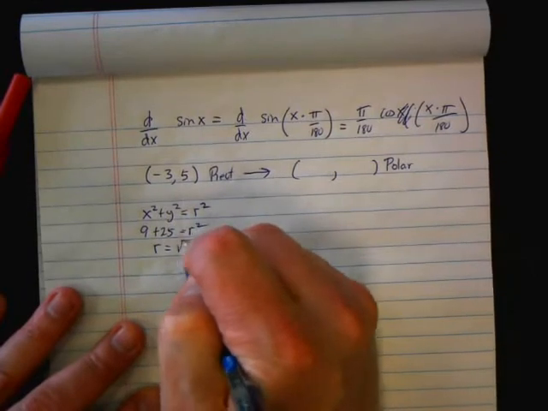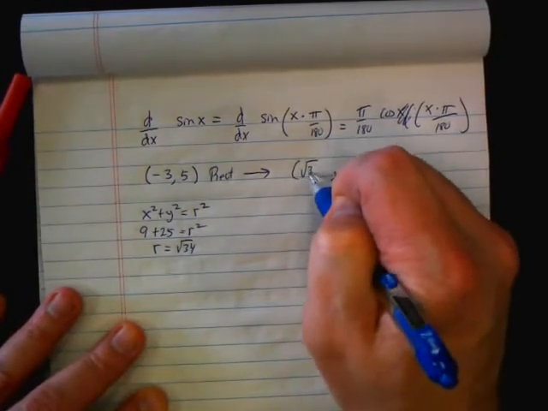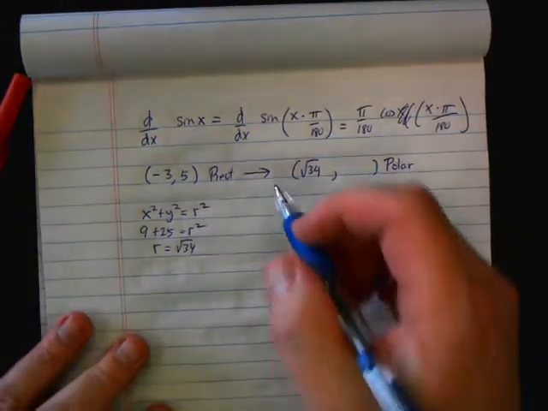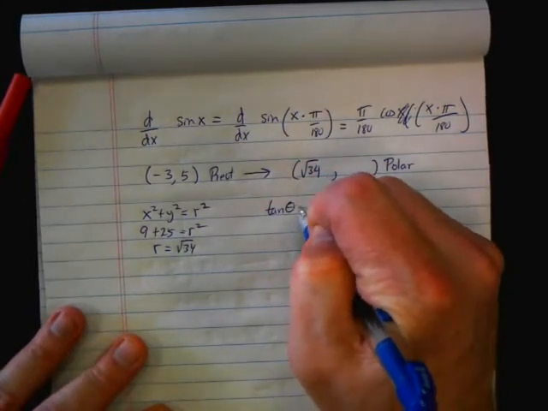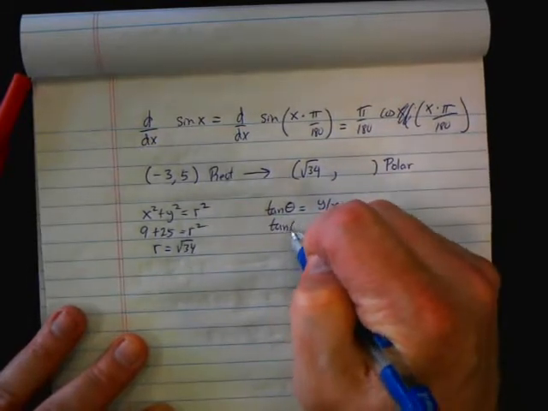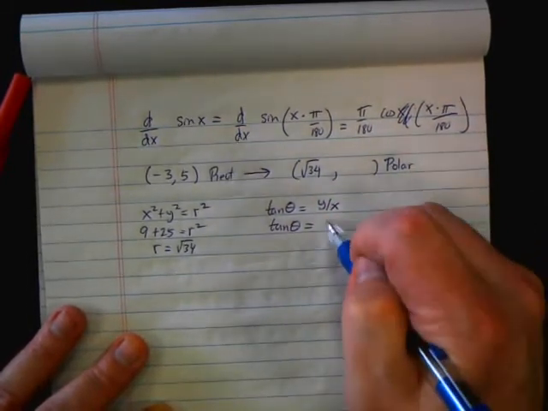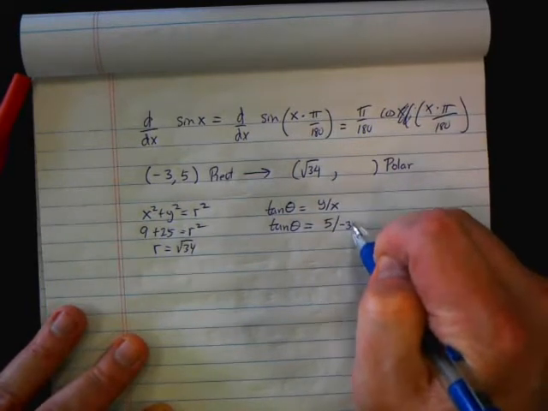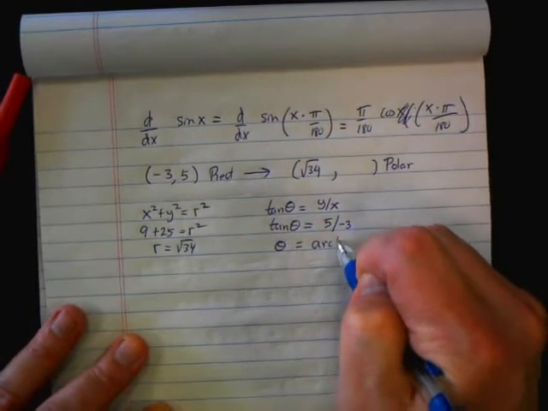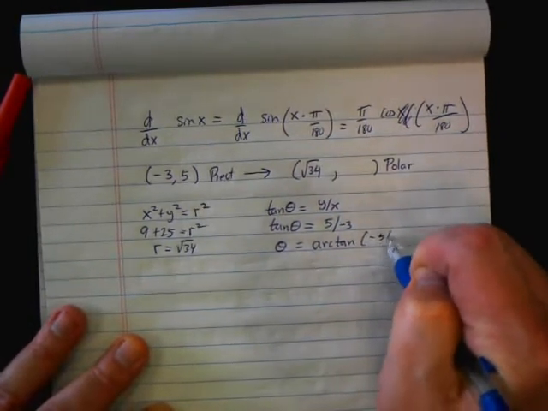So r is the square root of 34. And then how do I find theta? Inverse tangent. Tangent of theta is y over x. So tangent of theta is 5 over -3. So theta is the arc tangent of -5/3.